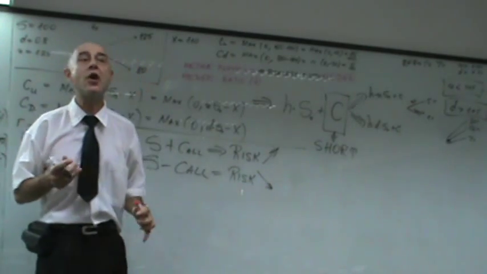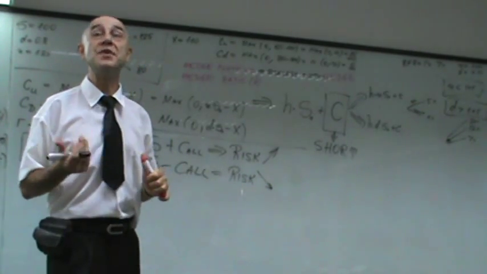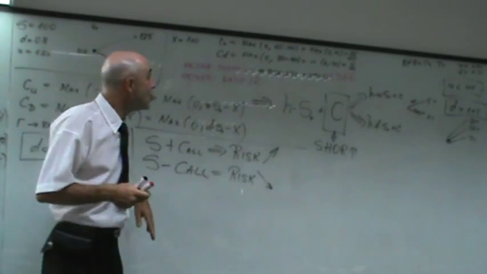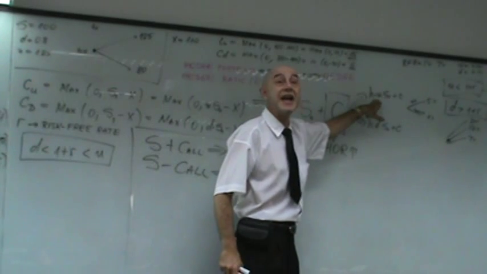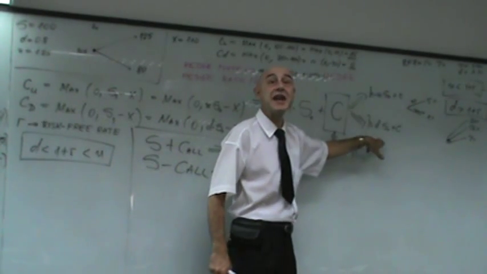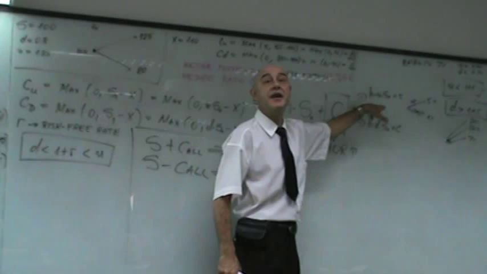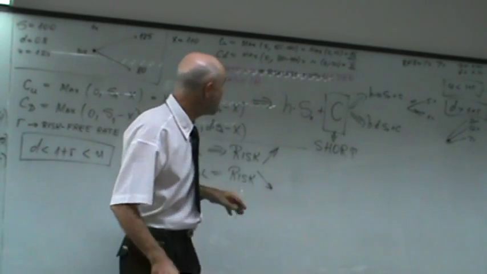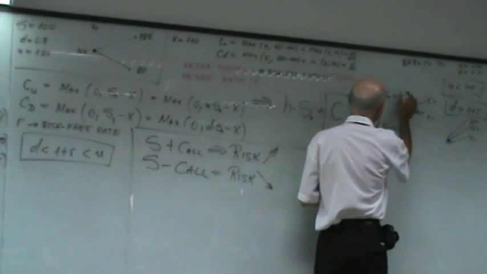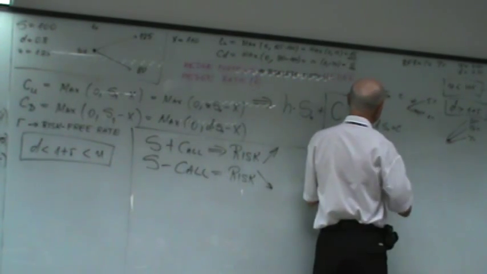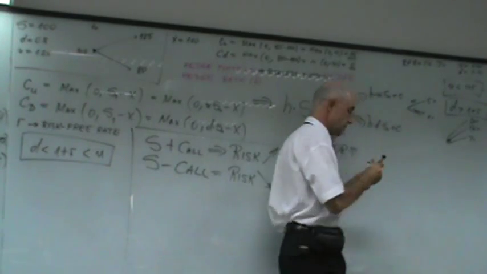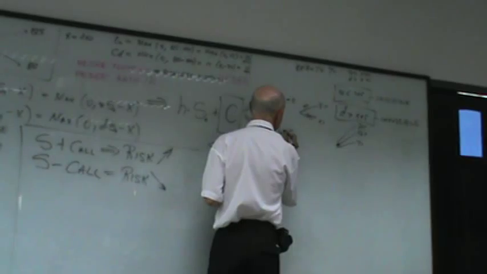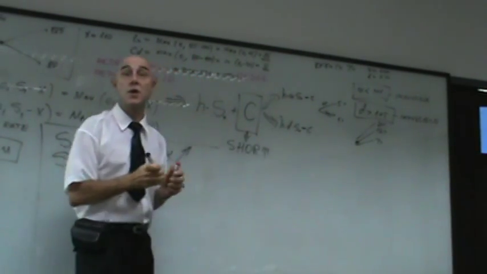And now comes the last piece. Can we design a portfolio which essentially expires and has the same value on the way up and the same value on the way down? So here we're going to have minus call, and here you have minus call.